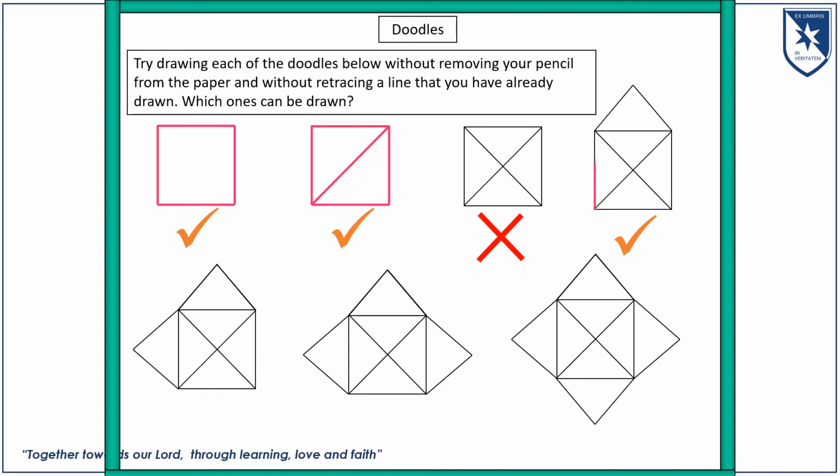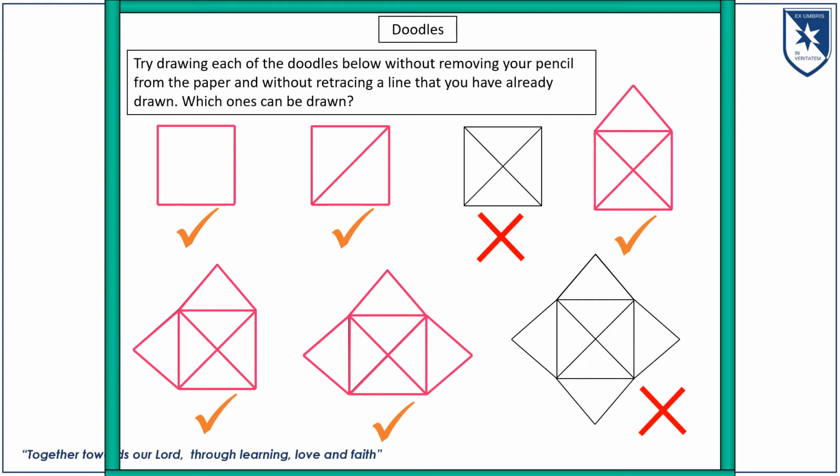Just show you. There's actually two positions that you can start that doodle and it still works. The next shape also works. I'll just show the evidence of that. And the next shape also works. Here we go. And the last shape does not work.